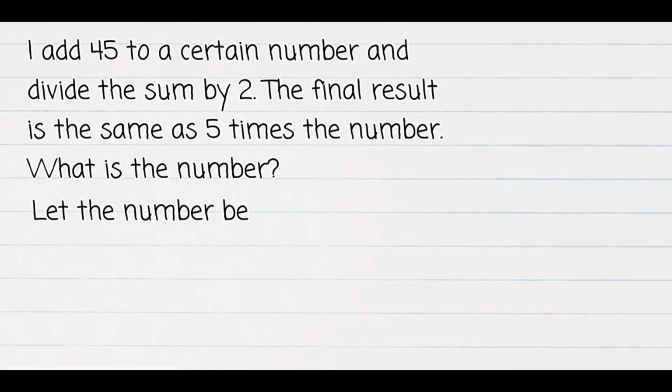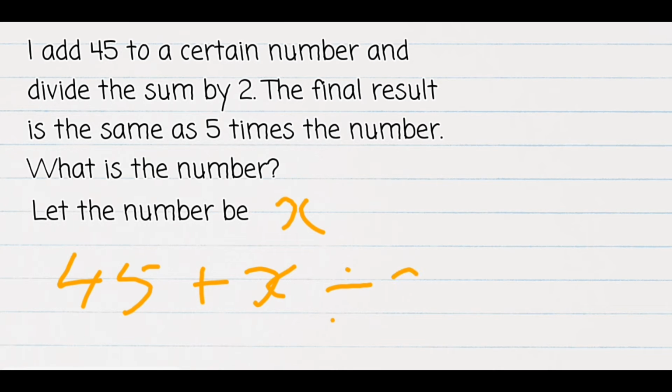So let the number be x. From the first sentence, it says I add 45 to a certain number and divide the sum by 2. So 45 is added to x and is divided by 2. And this is what we derive from the first sentence.